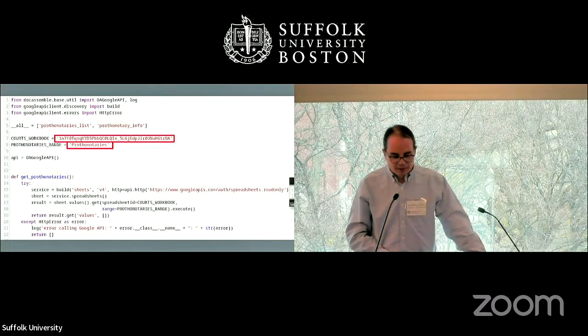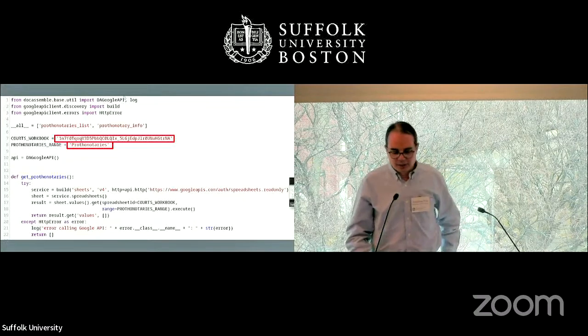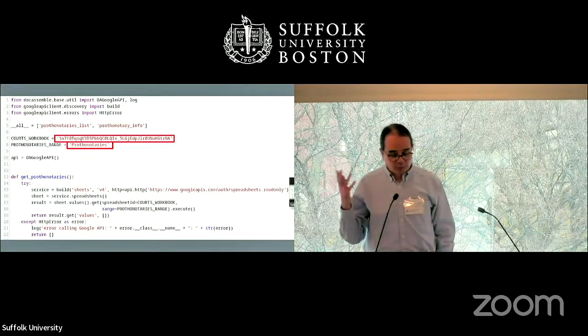But the idea is that there's some code down here that uses the object DAGoogleAPI, which is a helper class that is part of docassemble for accessing the Google APIs, of which there are many. And then it calls sheet values, get spreadsheet, and it refers to the court's workbook and the Prothonotary range.